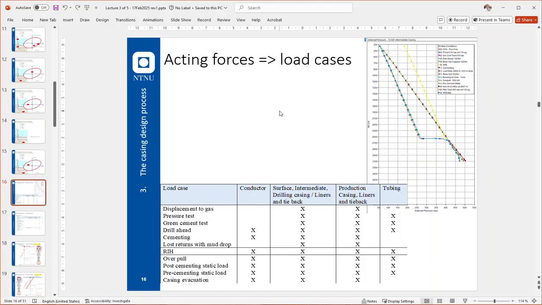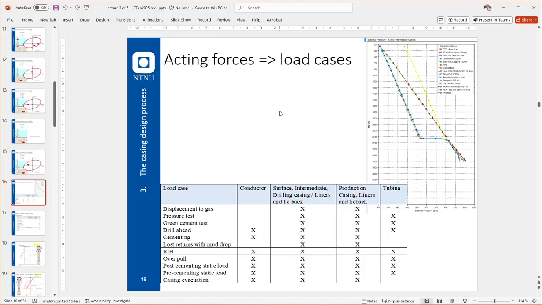Casing evacuation, that is a situation where you are doing what we call gas lift. That's a gas lift casing load case.